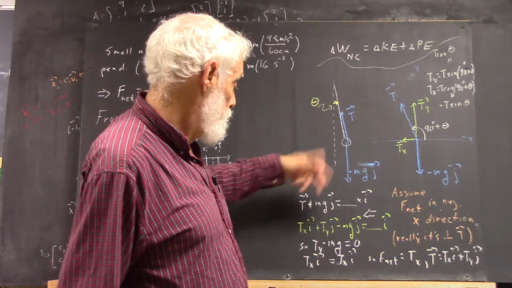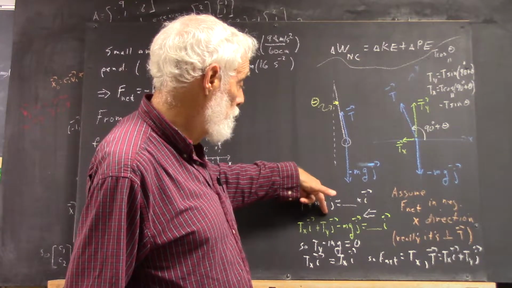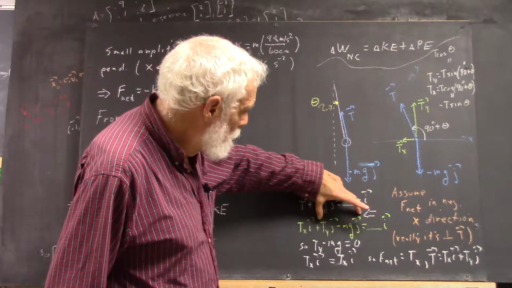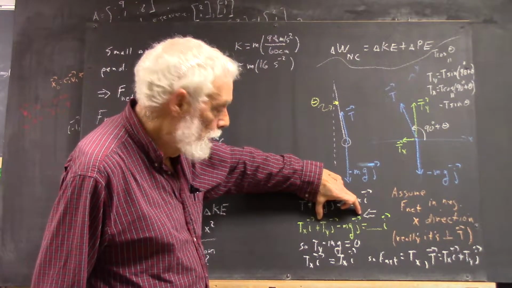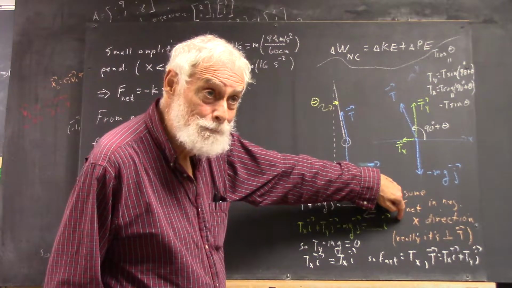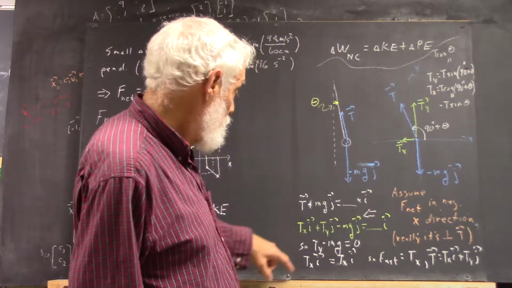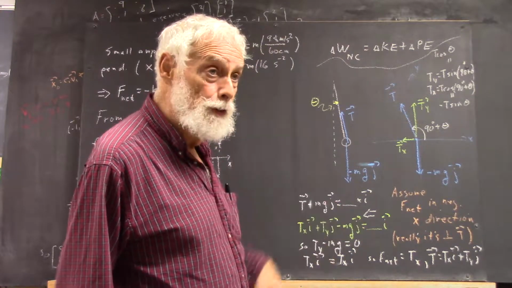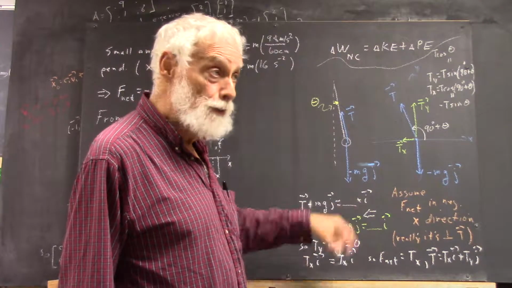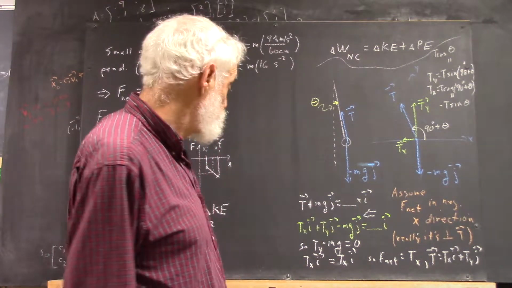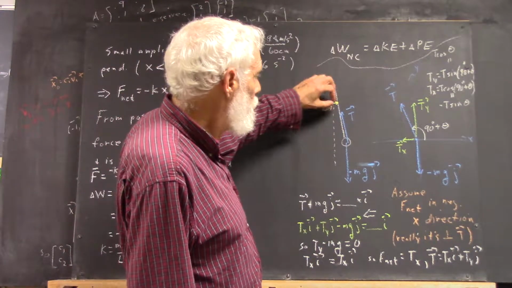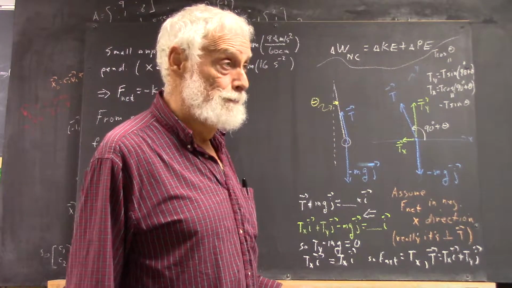So we just write the tension is Tx i plus Ty j, and we see that we have two j components, Ty j and negative mg j, that have to add up to 0 because there's no j component on this side. Meaning that Ty minus mg equals 0, so we know that Ty equals mg. The magnitude of Ty is mg. Not really true, but if theta is small enough, it's practically true.